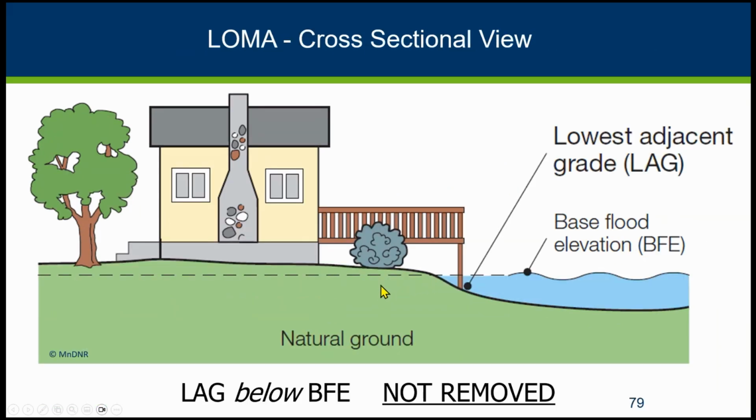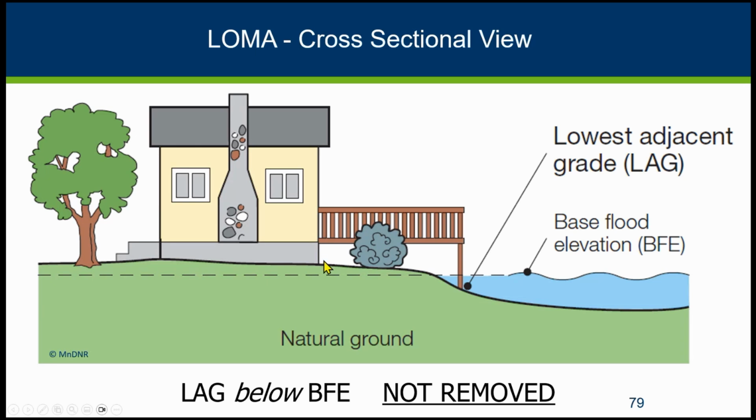One thing that complicates things for folks is that for attached decks or stairs, they will look at the lowest adjacent grade of that deck, in addition to looking at the lowest adjacent grade of the building. And if that attached deck is low, they cannot get a letter of map amendment.